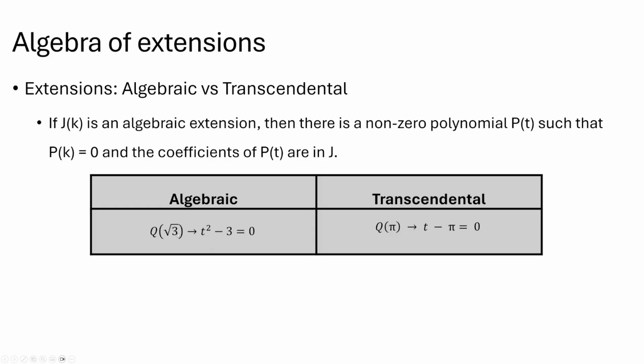So for example here, this is an algebraic extension, and transcendental extensions are defined as just not algebraic. So for example here, adjoining pi to the rational numbers is a transcendental extension, because even though you're adjoining something that isn't in the original field, it's actually impossible to make a polynomial with rational coefficients of which pi is a root. Same with e, whatever, unimportant. Again, we're going to be looking at algebraic extensions.